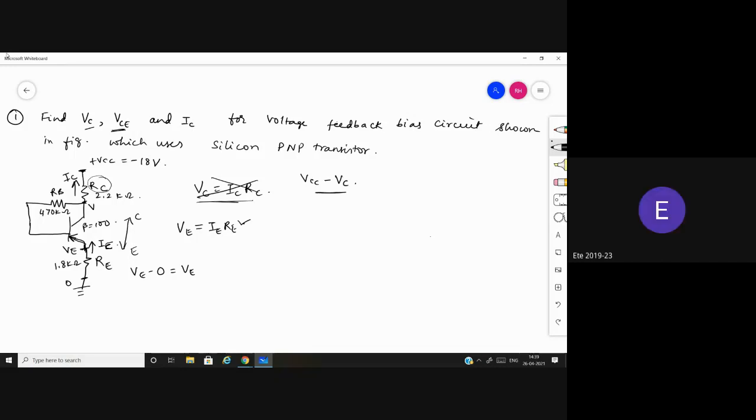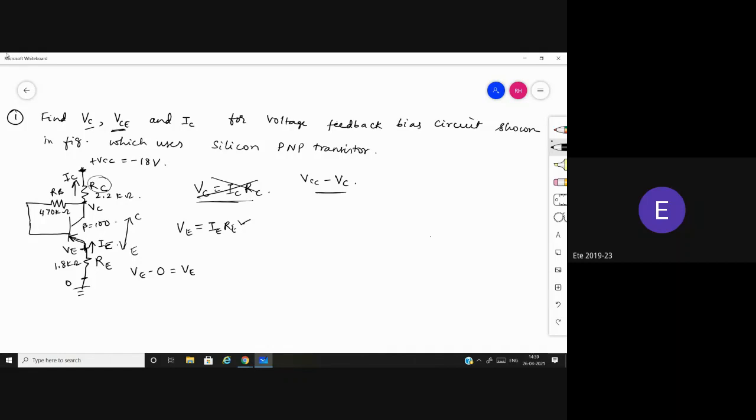This voltage is treated as VC. This voltage is VCC. Between these two, RC is connected. Shouldn't it be VC minus VCC, because VCC is negative? You can take either way, you'll get the same. So the potential difference across RC is VCC minus VC.